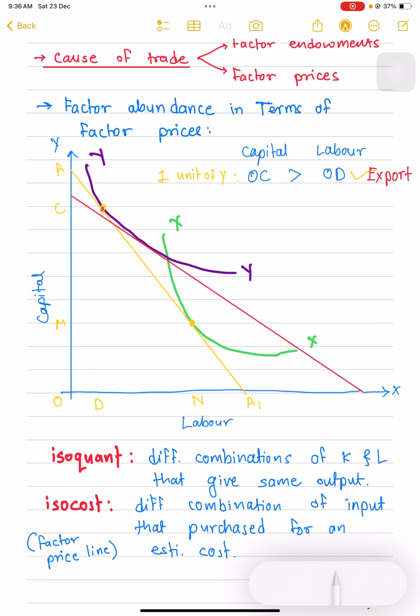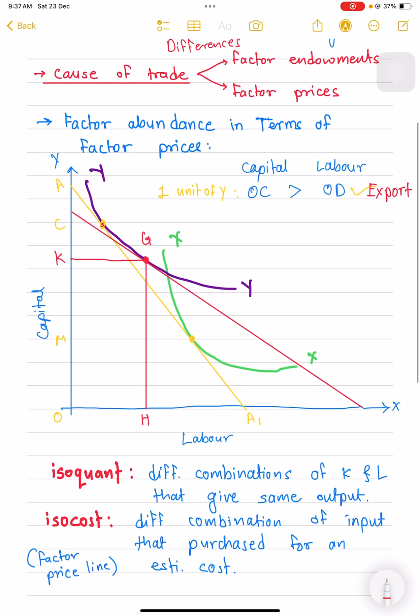Yes, at point G here, country B is producing OK amount of capital and OH amount of labor.